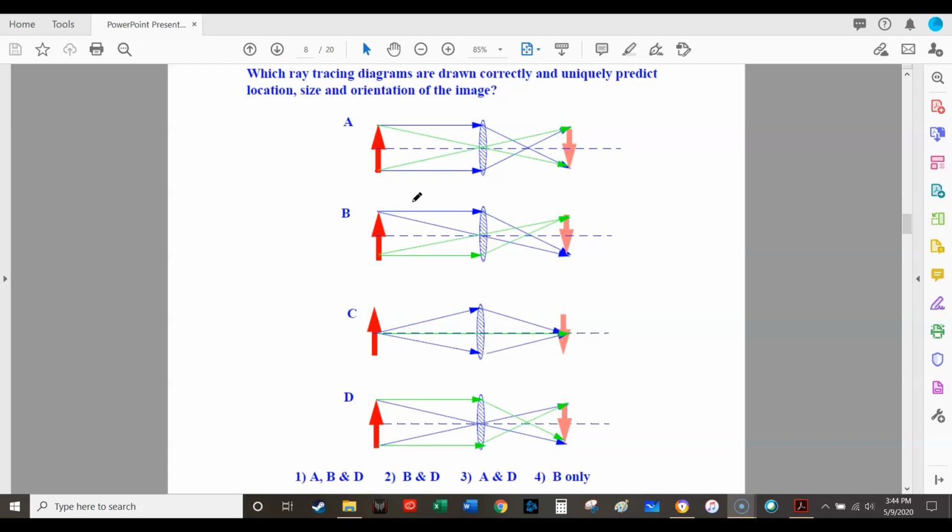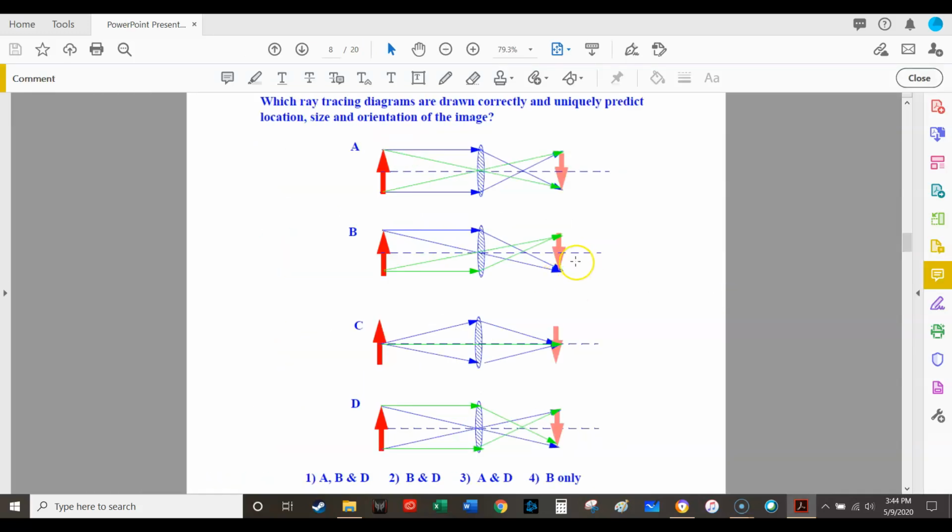Well, turns out that none of them are wholly drawn correctly. The only one for sure that is absolutely incorrectly drawn is C. So let me go ahead and get my comment tools out so I can actually draw on this.